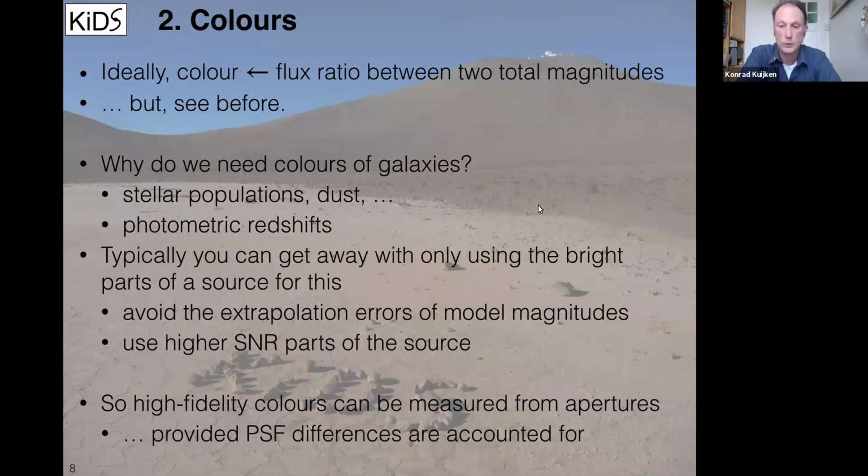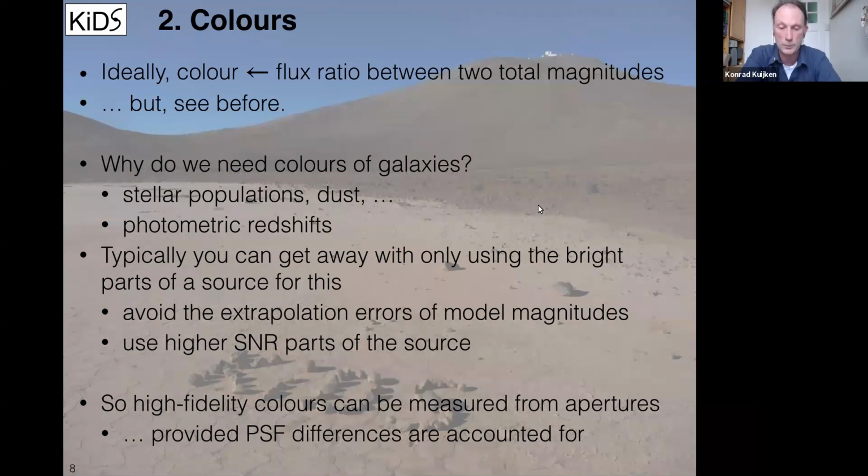Because why do we need colors of galaxies? It's basically to tell us about the nature of the stellar population, to get the SED of a part of the galaxy, to say something about dust maybe, or to get photometric redshifts. And that typically means that you can get away with concentrating on the part of the galaxy that is sticking out above the noise. Only use the bright part of the source and make yourself insensitive to the details of the tails at large radii.